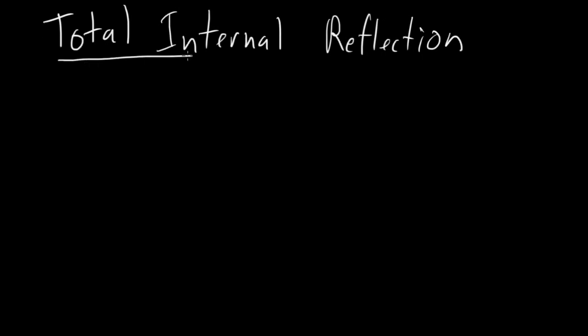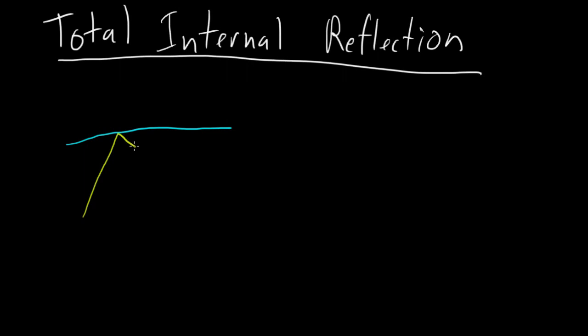A total internal reflection is when you have a medium and a light source, and the light can't escape. None of it is refracted, it's all reflected. Okay? It's called a total internal reflection.